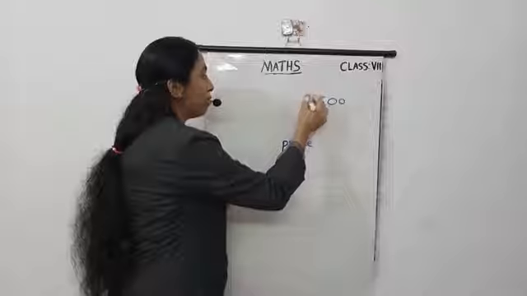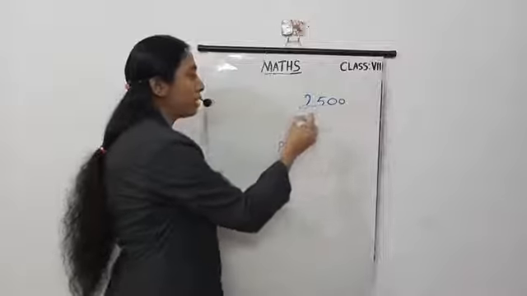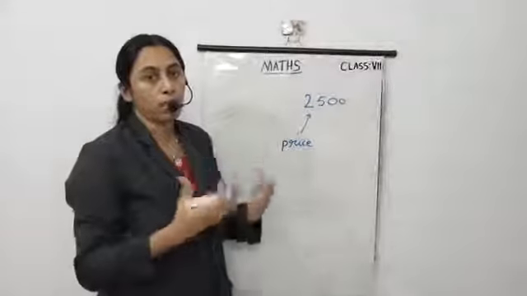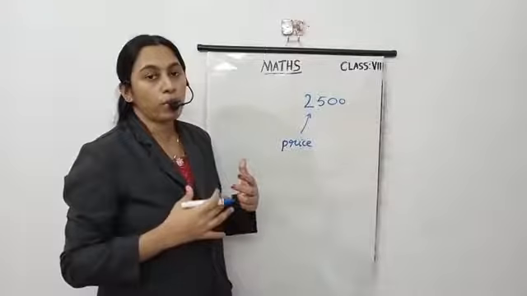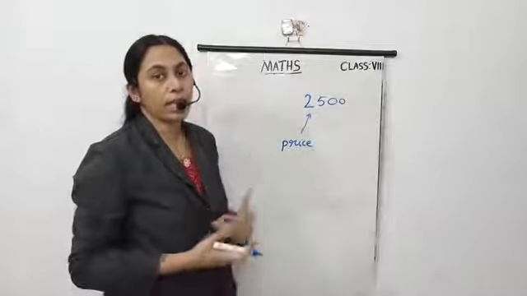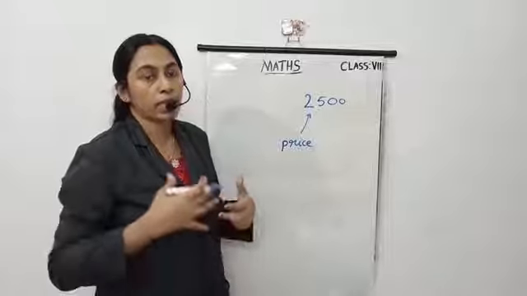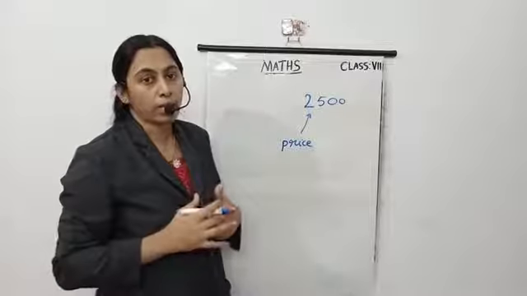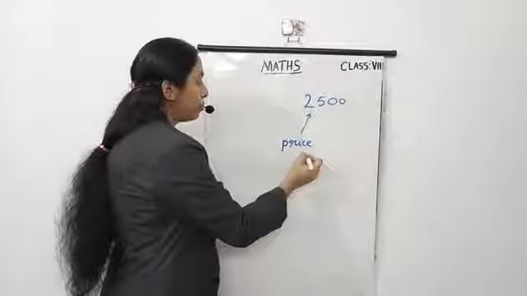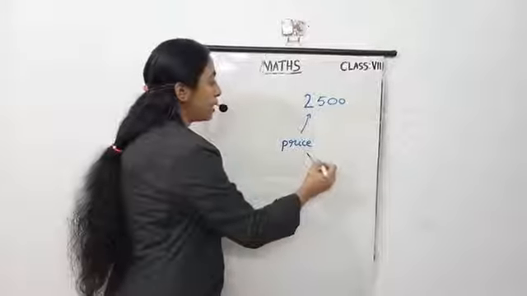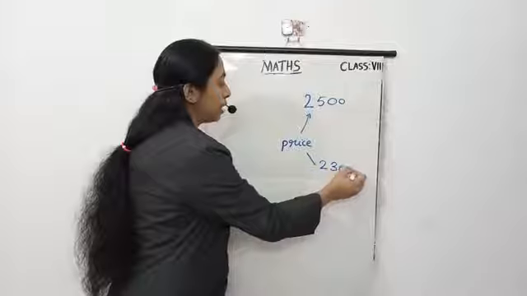So this is the price we paid when we bought, and we are going to resell this cycle after 1 year. So after 1 year we resell to your friend. Okay. So then you tell them, give me 2,300.